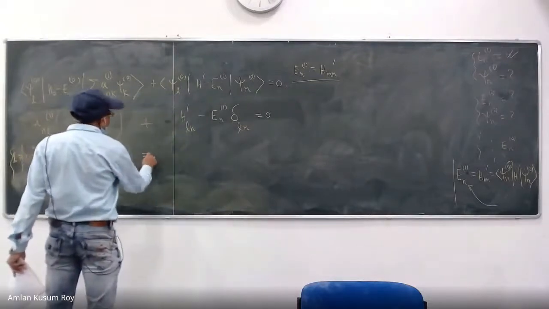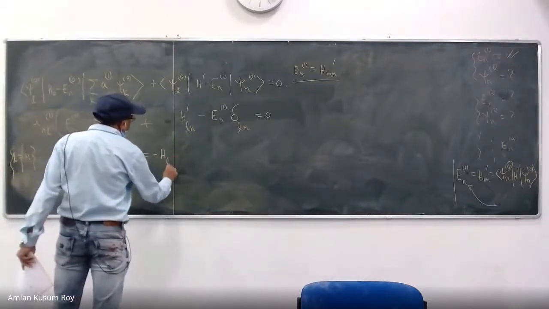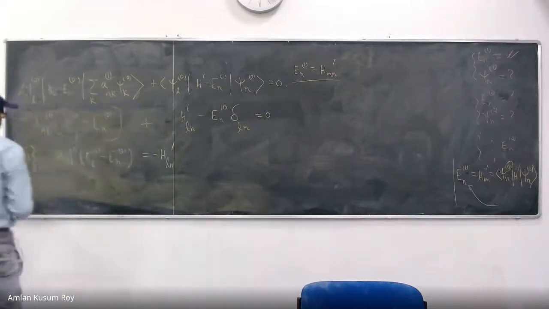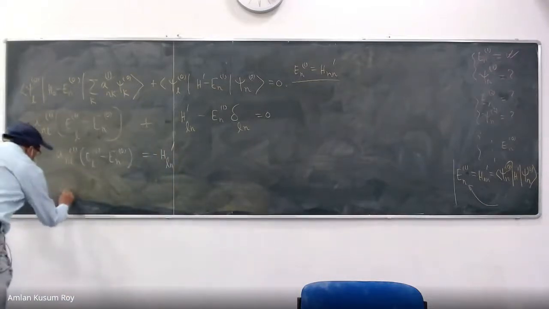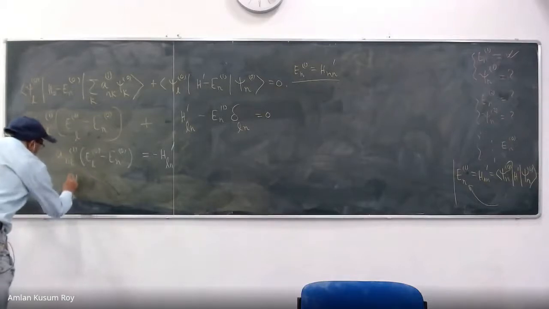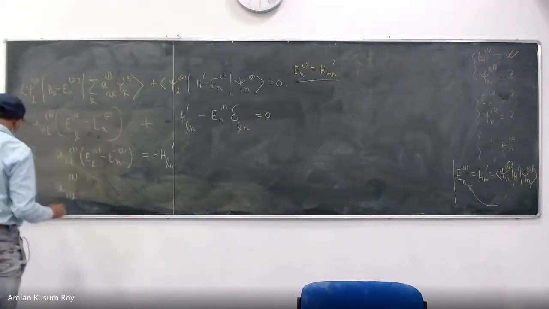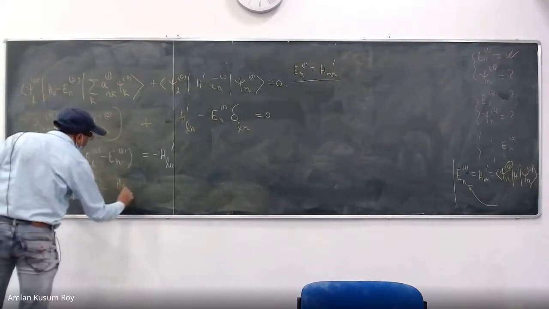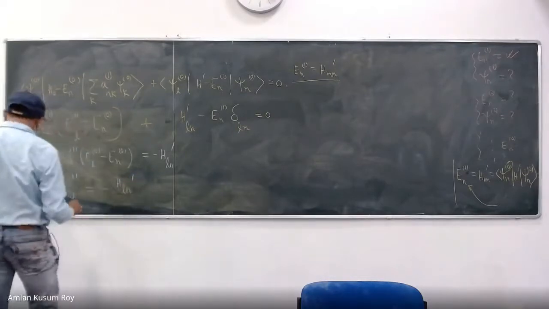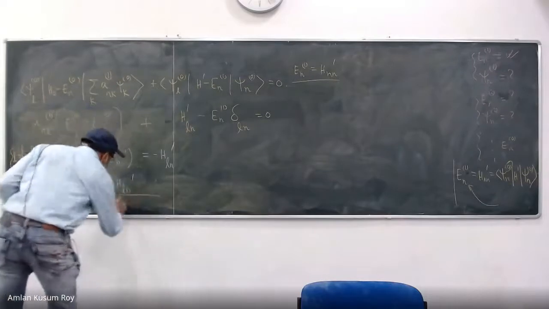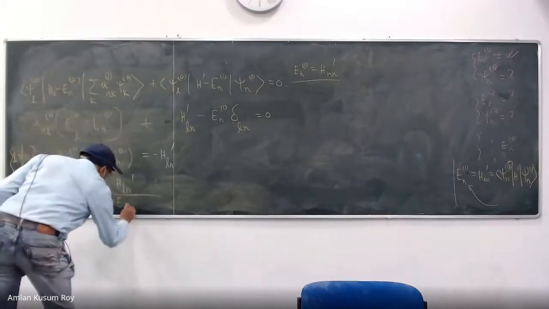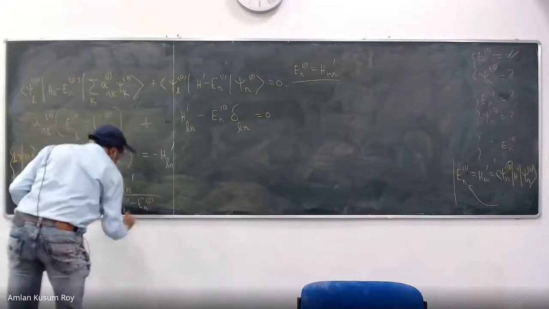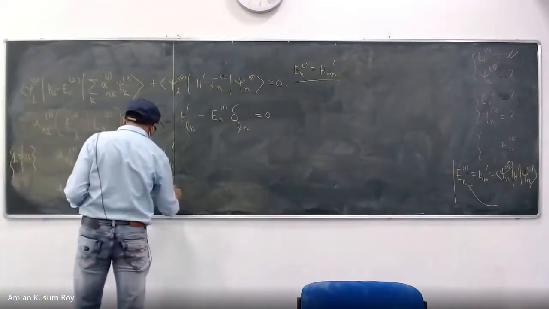So that becomes your minus HLN prime. So I write ANL1 is equal to minus HLN prime over EL0 minus EN0.